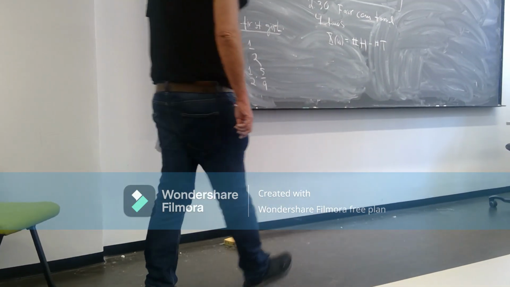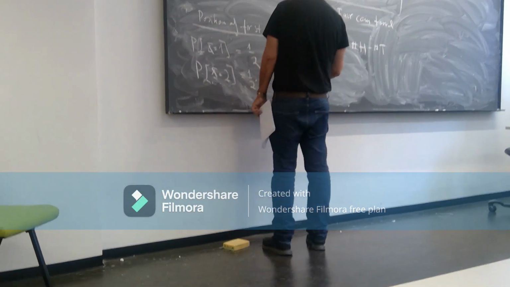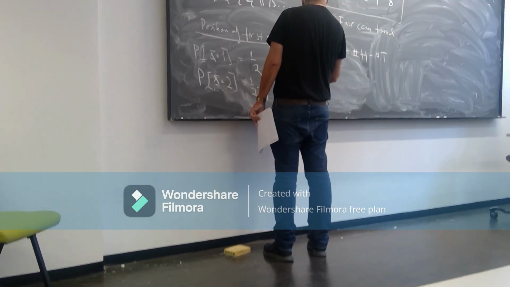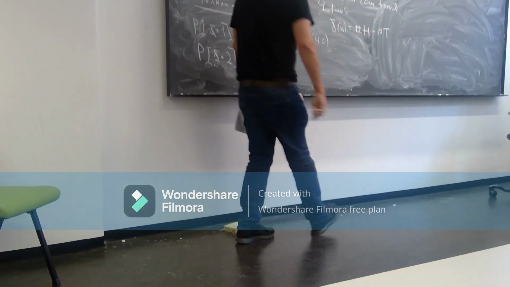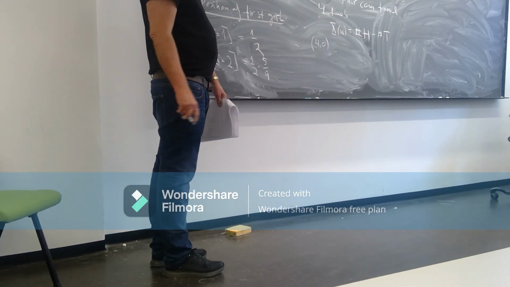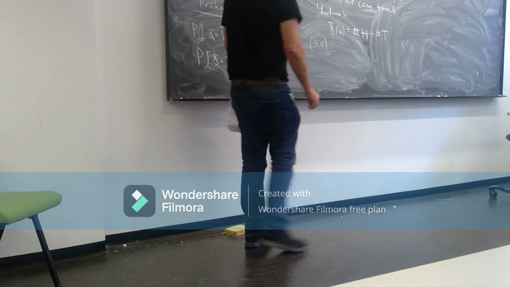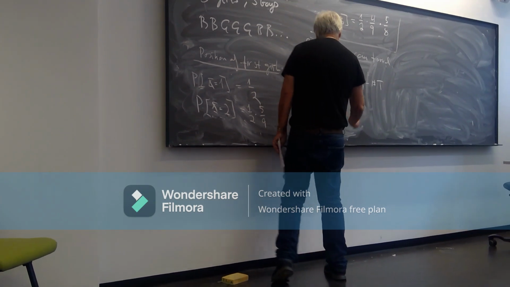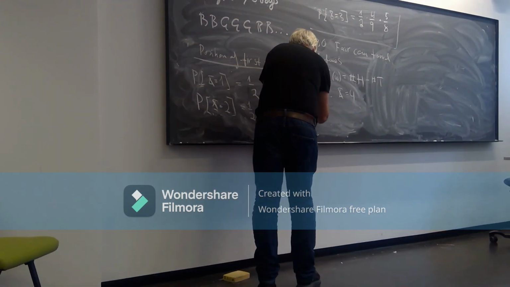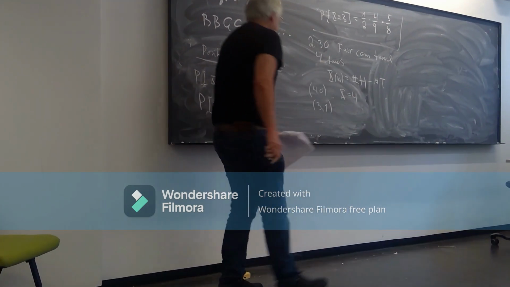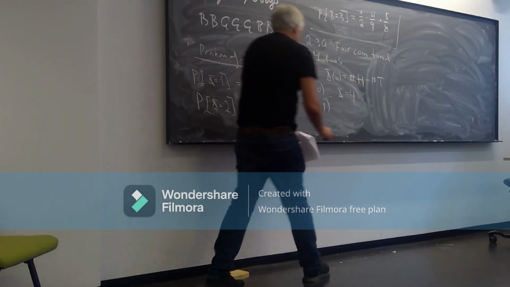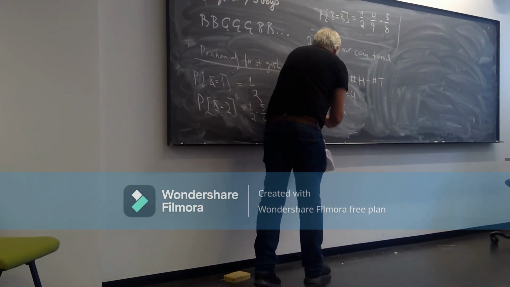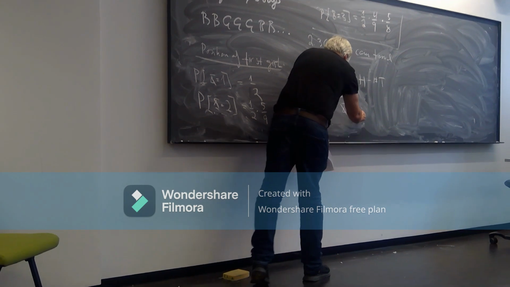So what are the possibilities here? Well, you can have 4 to 0, that is 4 heads and no tails, and then of course the value of X will be 4. Now you can have 3 heads and 1 tail, and then X will be 3 minus 1, so that is 2.